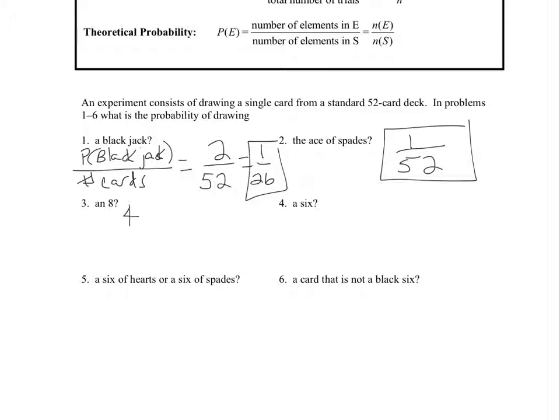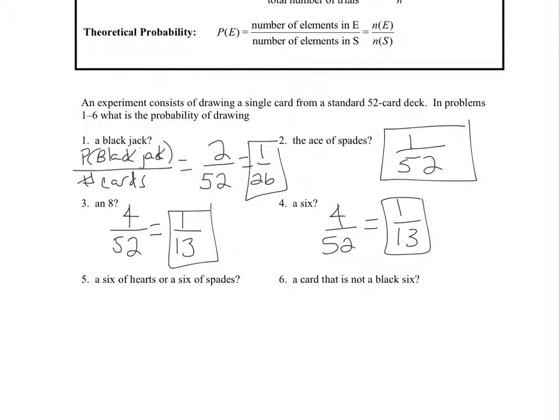So that means I have 4 out of 52 cards that would be an 8. Now that fraction reduces. Both of those are divisible by 4, and I end up with the fraction 1/13. And then the probability of getting a 6 is going to be the same as we just got when we asked for the probability of an 8. There are 4 6s out of 52 cards, which gives us a probability of 1/13.